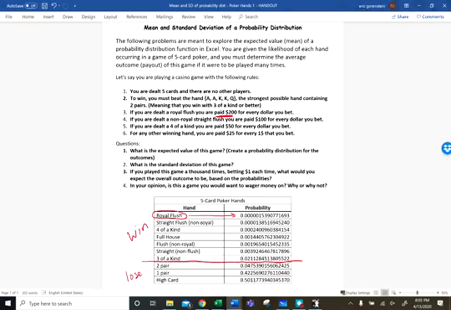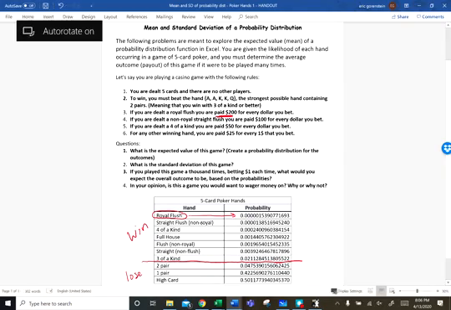So a royal flush pays 200 to 1. A non-royal straight flush pays 100 to 1.